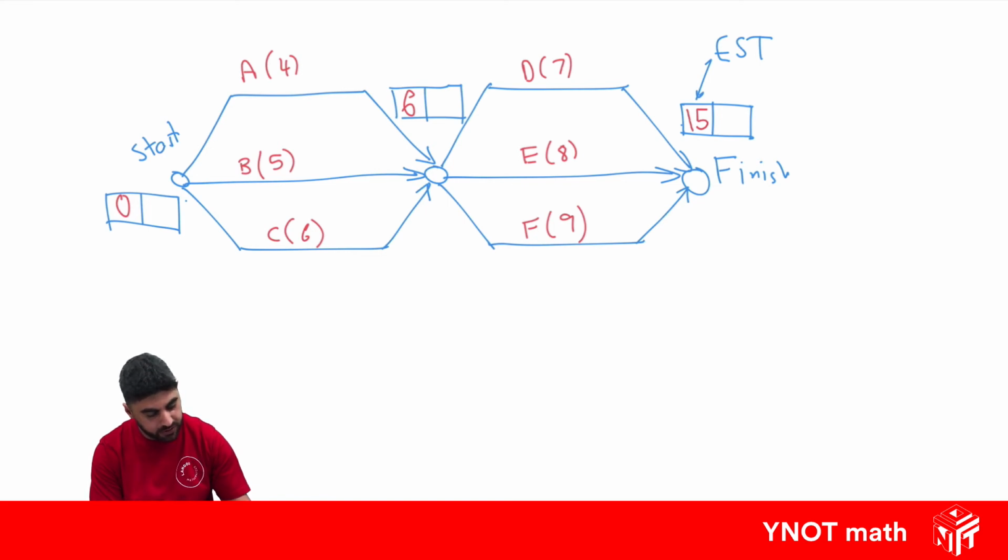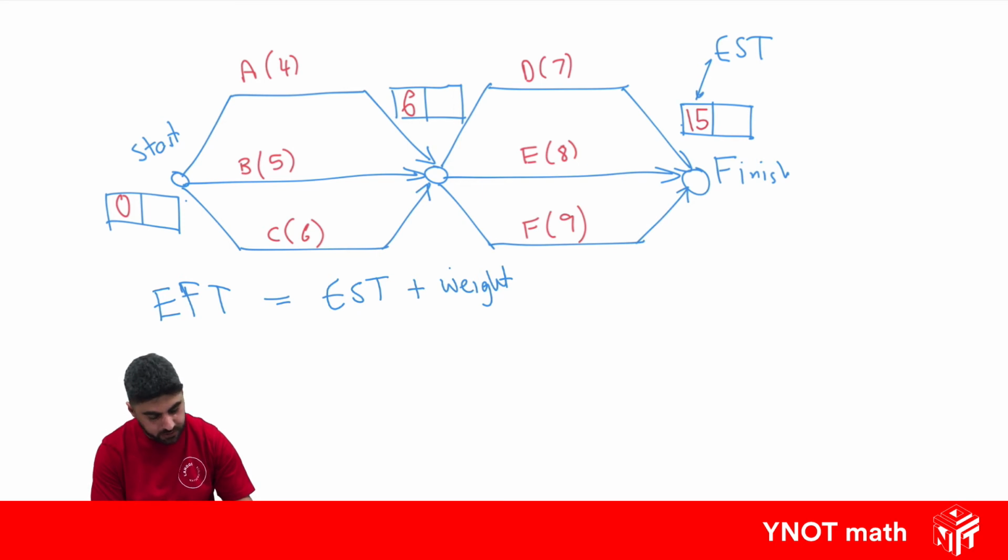Let's look at the earliest finishing time. So the earliest finishing time is going to be the earliest start time of the previous vertex plus the weight of the activity leading up to it.